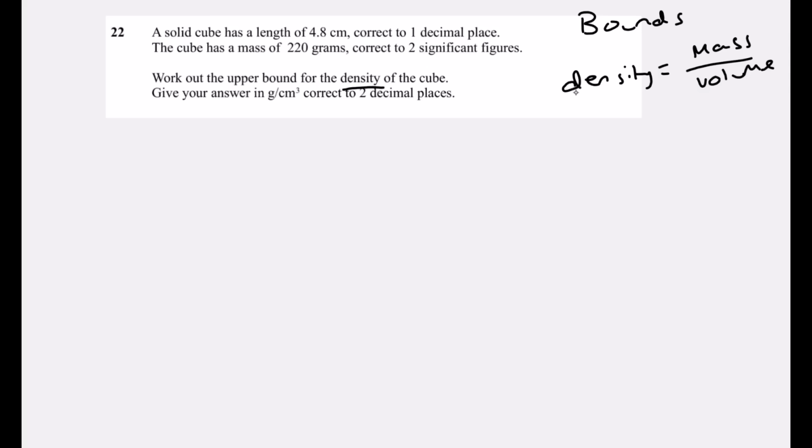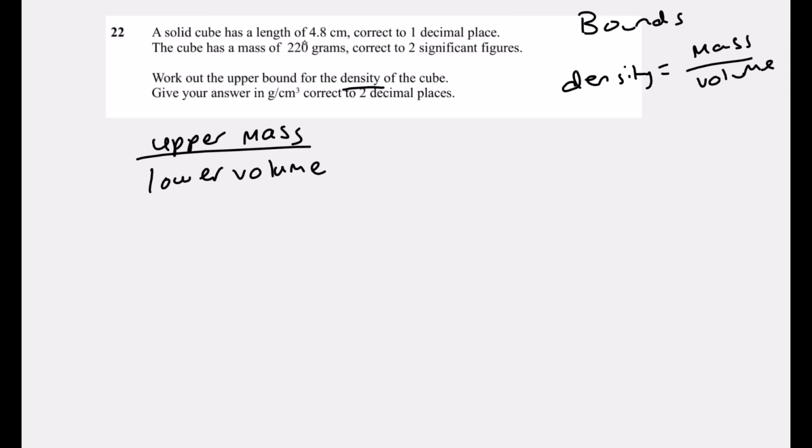So the upper bound for density, we're going to want the upper mass, but we're going to want to divide. To get the biggest possible answer, we want to divide by something smaller. So the lower bound for the volume. So upper bound for mass divided by lower bound for volume.